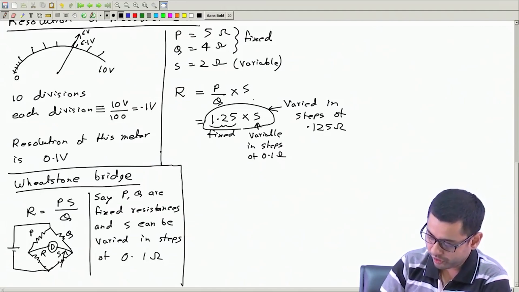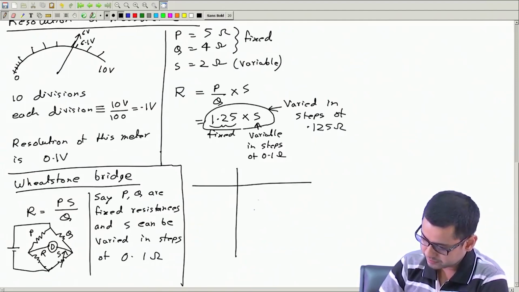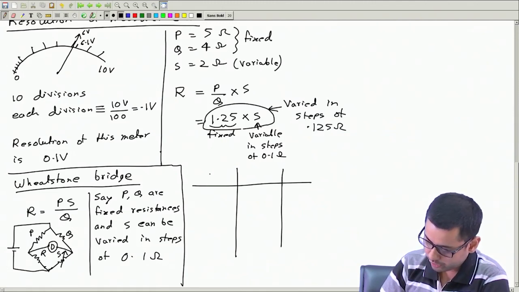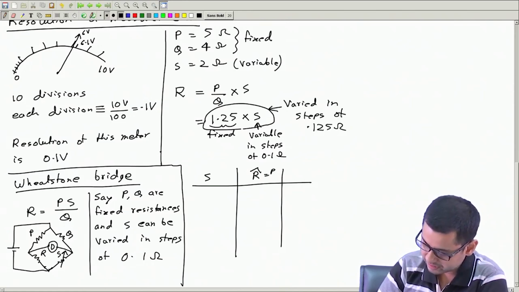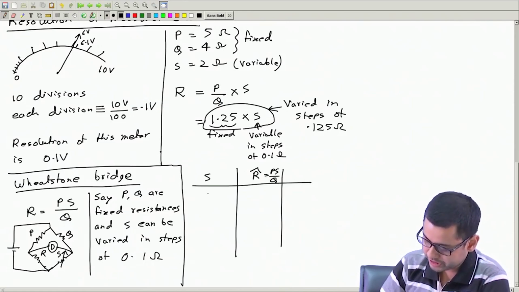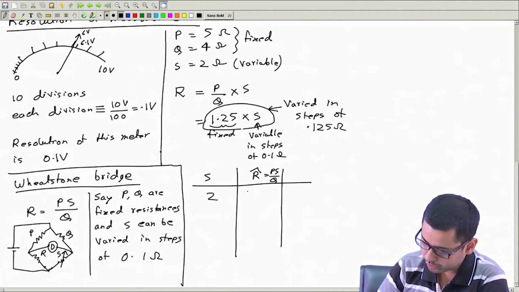So, for example, let us make a table of the value of S and the estimated value of R, which is P by Q times S. If we take S equal to 2 ohm, then from this it will come out to be 2.5 ohm.